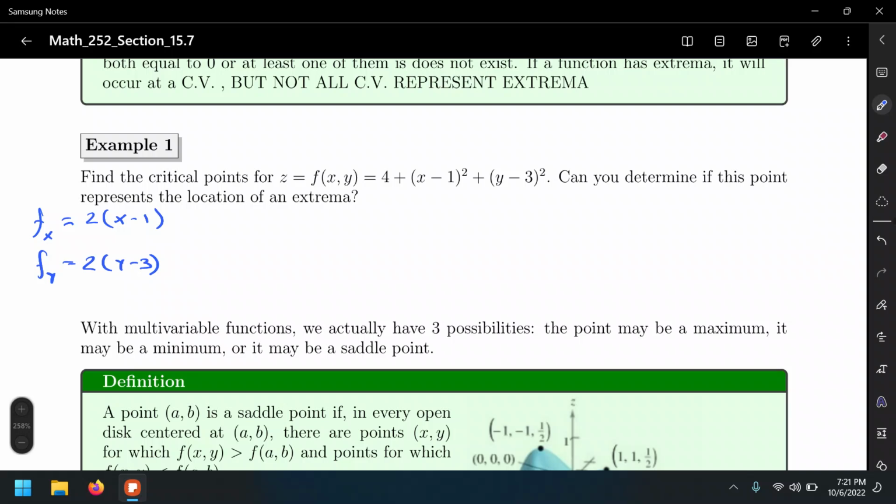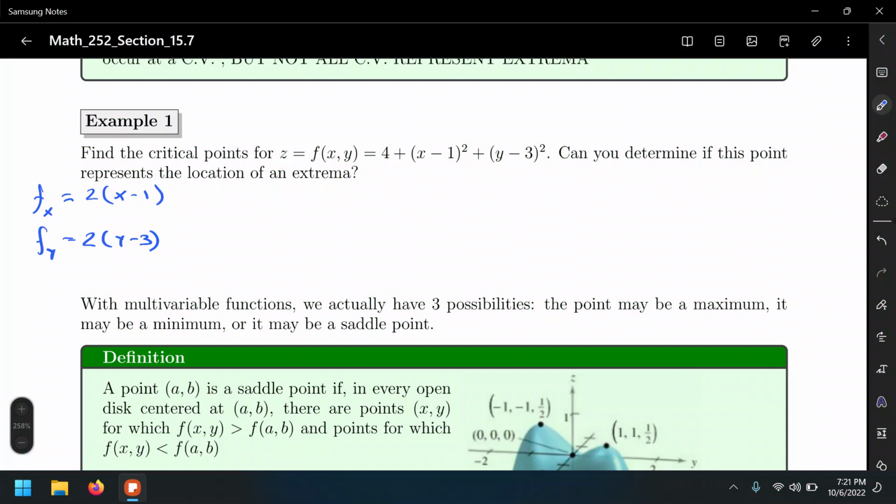All right, well, in this case, just the same way we set the derivative equal to 0, we will set the two partials equal to 0. So we set 2 times (x minus 1) equal to 0, and 2 times (y minus 3) equal to 0.